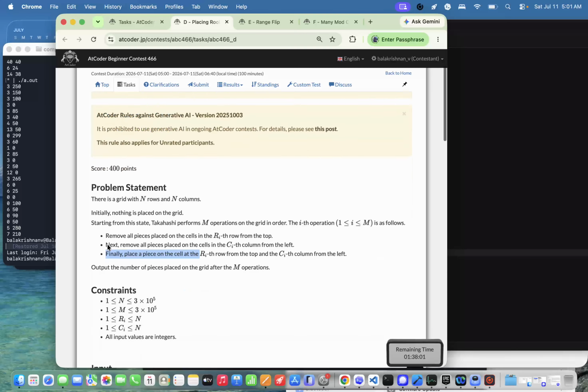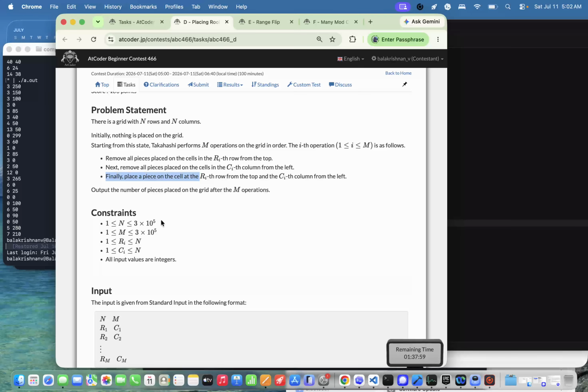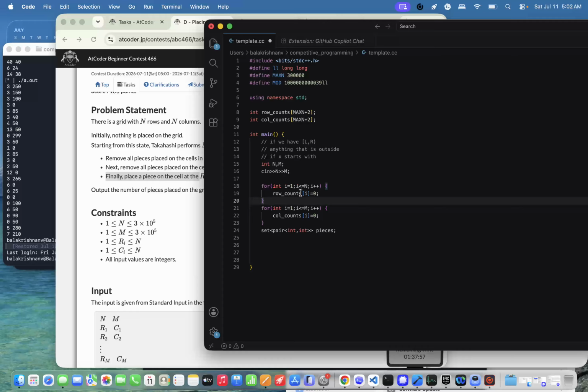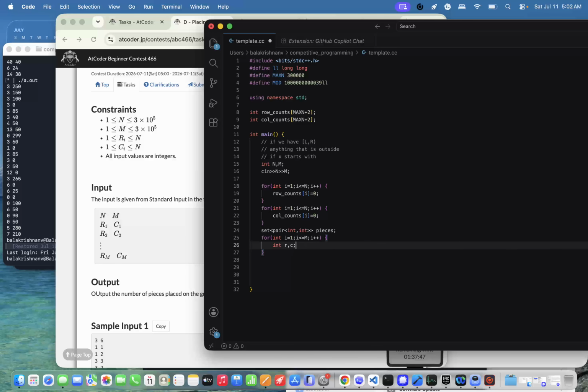Okay, we do M operations, N rows and N columns, sorry. We do M operations, R comma C. int total pieces equal to 0.